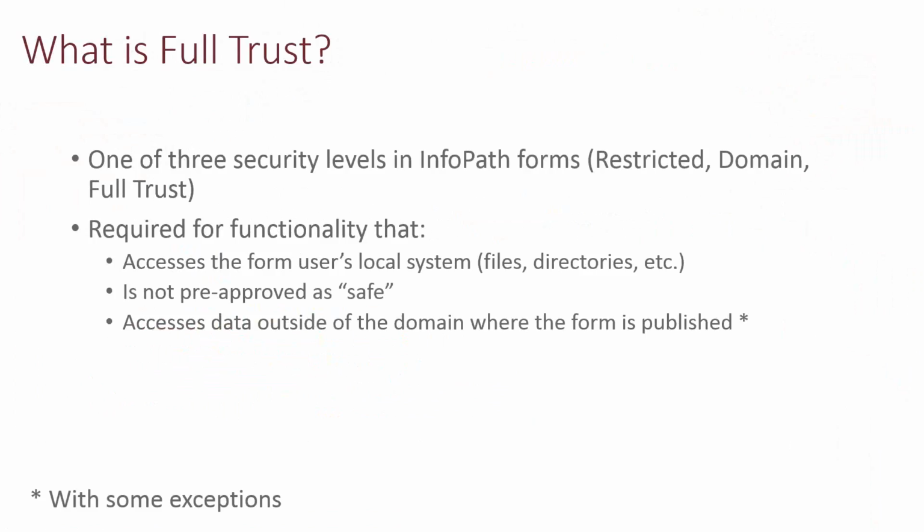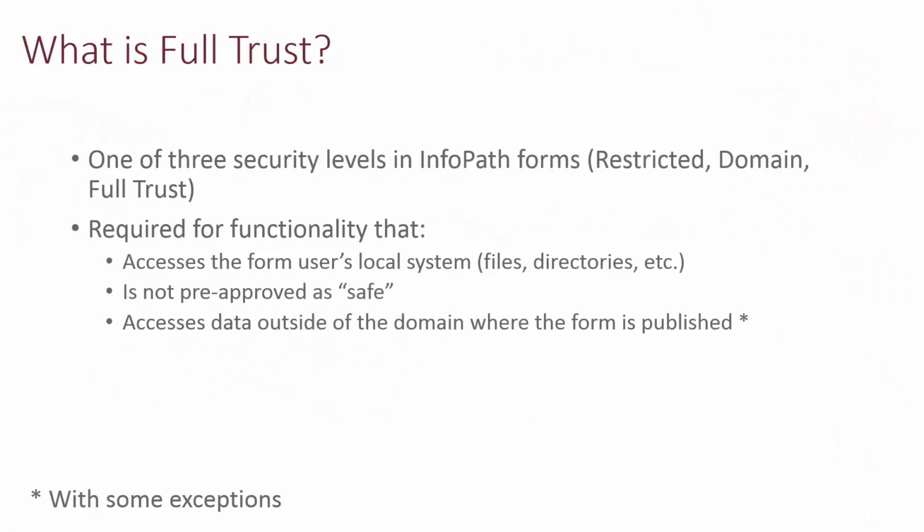So first of all, what is full trust? As most of you have probably noticed by now, InfoPath forms have 3 available security levels: restricted, domain, and full trust. Most forms work okay with domain level security. We don't see a lot of restricted, but sometimes full trust is required to do everything you need to do.